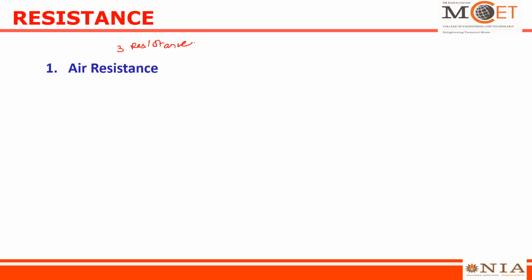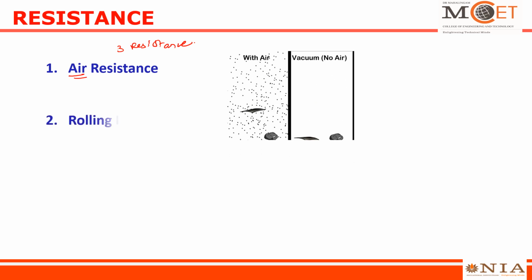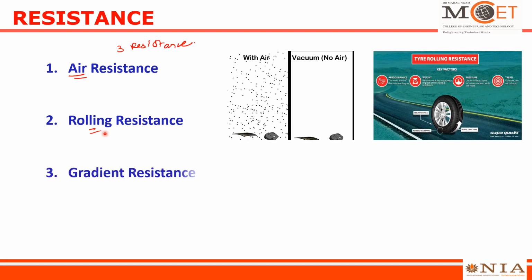First one is air resistance. Second, rolling resistance. Third, gradient resistance. Gradient resistance is generated because of movement of the vehicle on a slope.